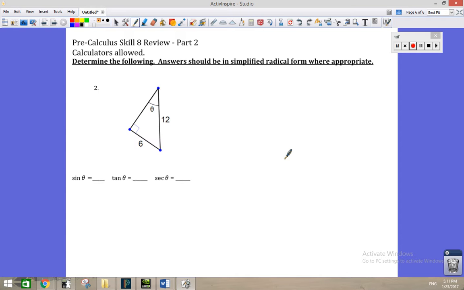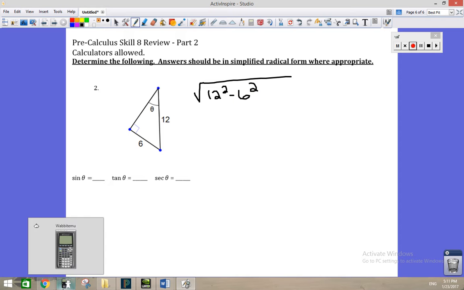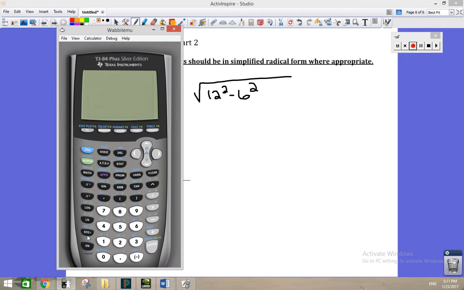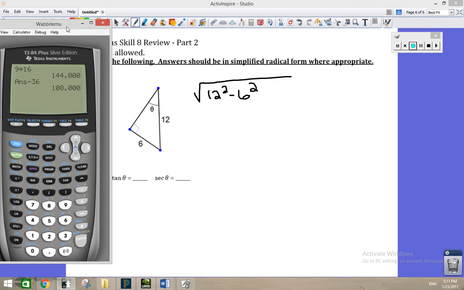For problem number 2, this time it's missing a side, so by the Pythagorean theorem I have 12 squared minus 6 squared, 144 minus 36. Let's see real quick, I don't want to make an arithmetic error. So 108. They expect us to simplify 108.